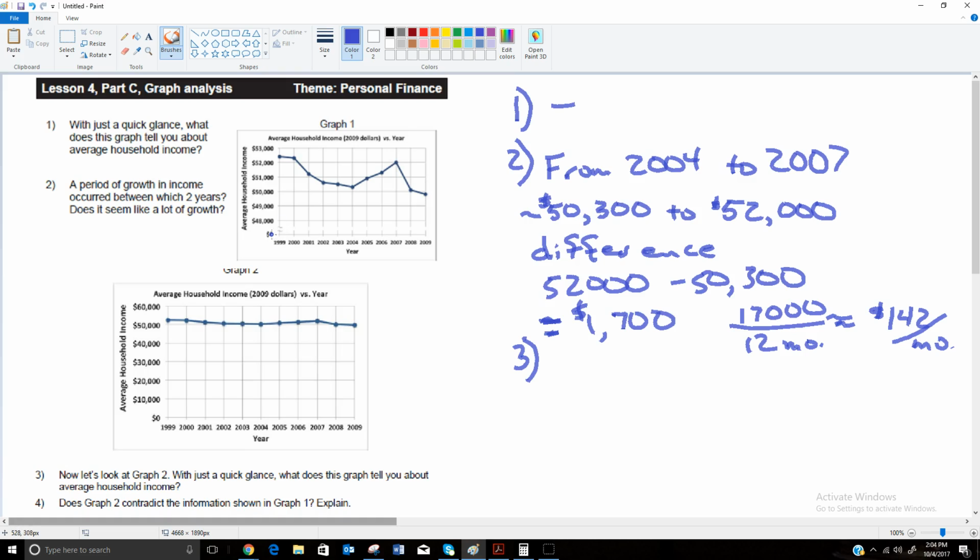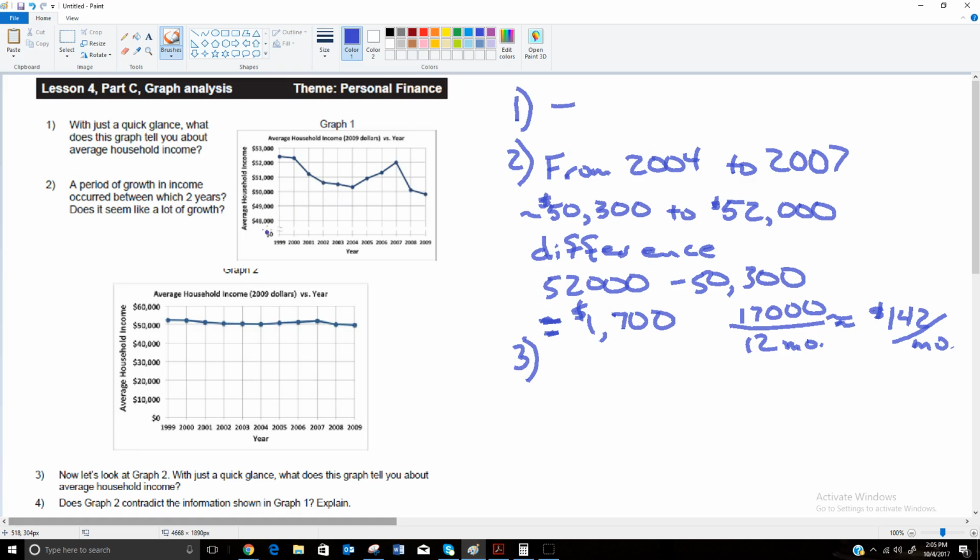So they started at 0, and then the first mark they made was 48,000. So on this graph, this space is worth 48,000, whereas each of these same size changes in height are only $1,000. That makes the graph look significantly different.